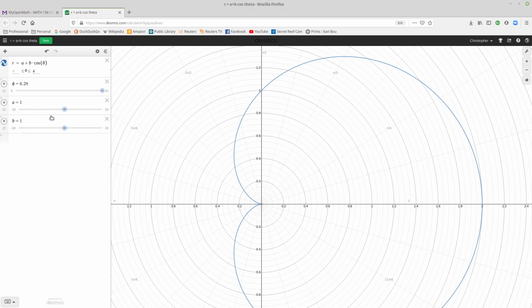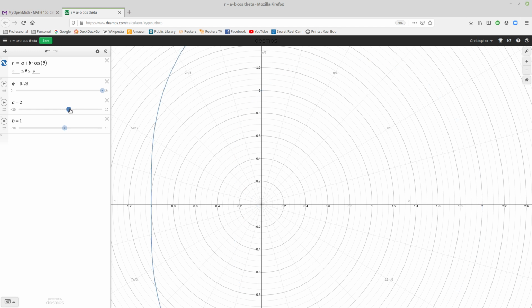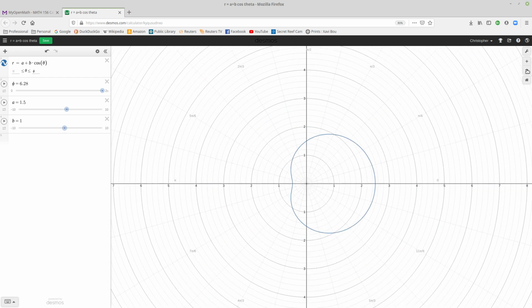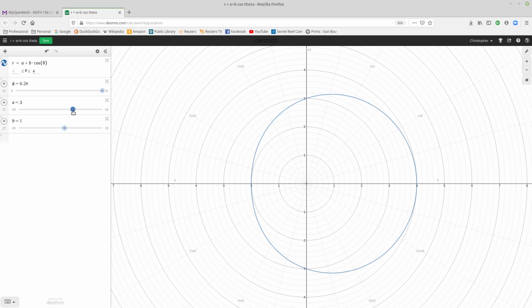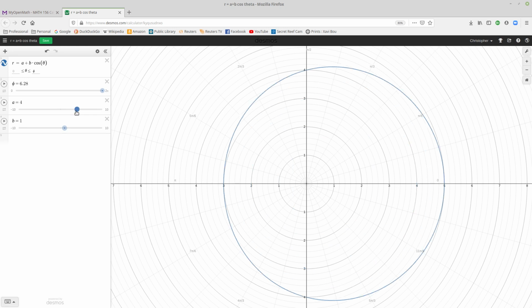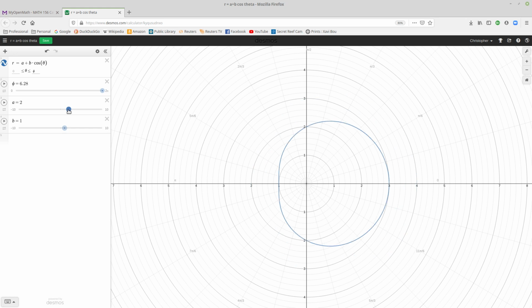Okay. Now as we change the values of A and B, we're going to see some various changes in the graph as well. Okay, so A, as we enlarge it, and let's actually zoom out of our picture a little bit, as we enlarge A, we see a change in the shape a little bit. Now all of these graphs are called cardioids, and I think I've got that labeled on the link to this video.